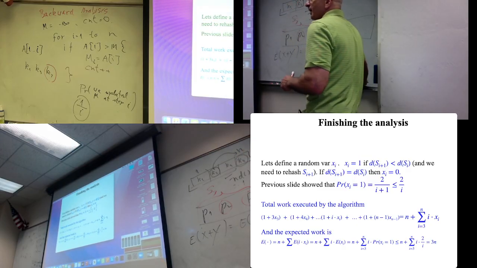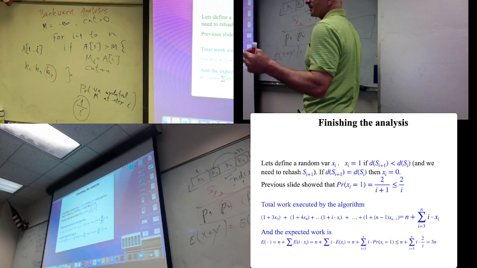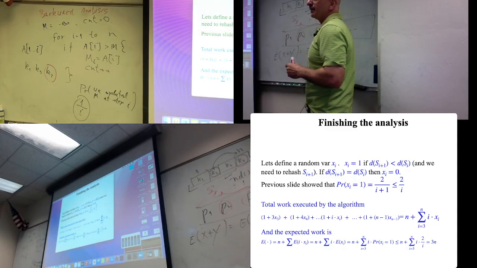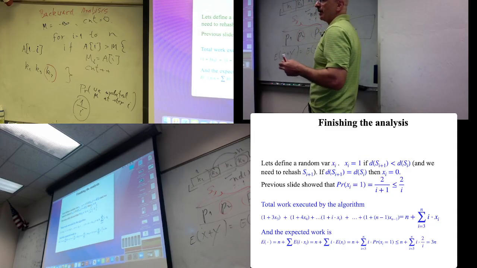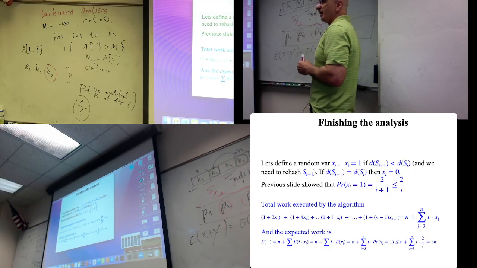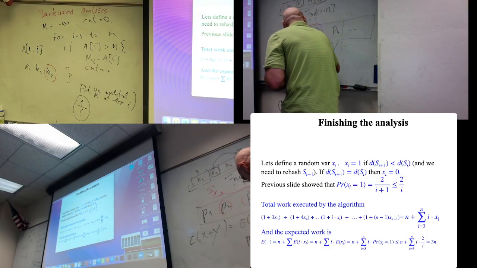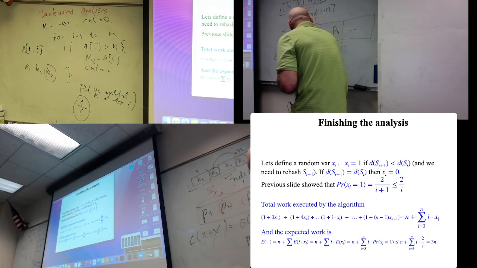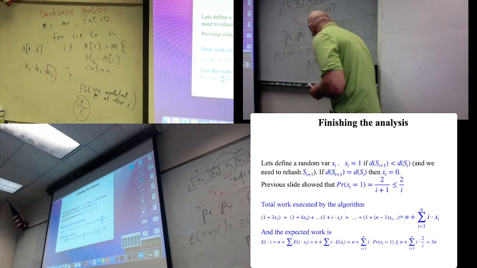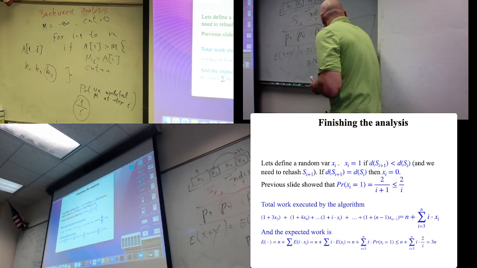For any two random variables, a bit counterintuitive because it doesn't care if they depend on each other, if one affects the other in any way. This is still the expected work, and if x and y are also Boolean variables 0 or 1, then it's just the probability that x equals 1 plus the probability that y equals 1.